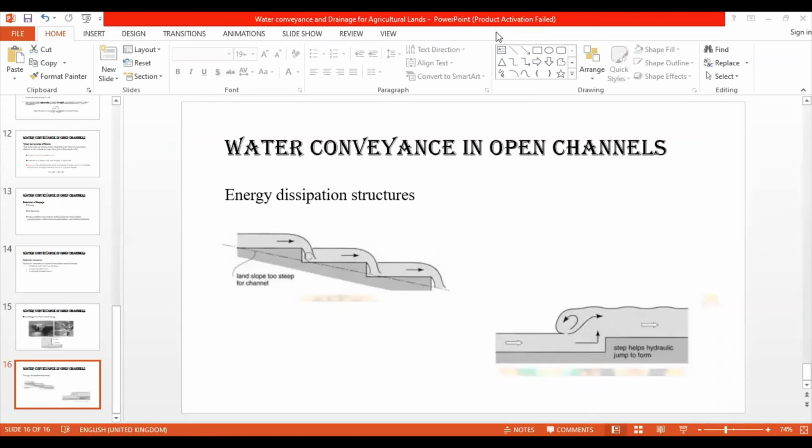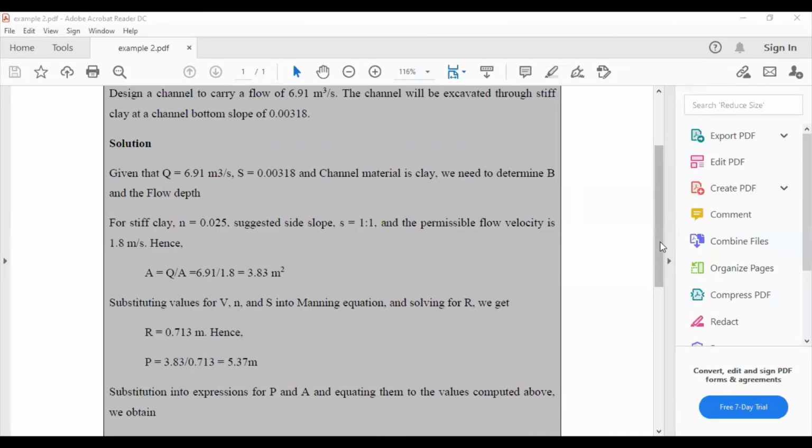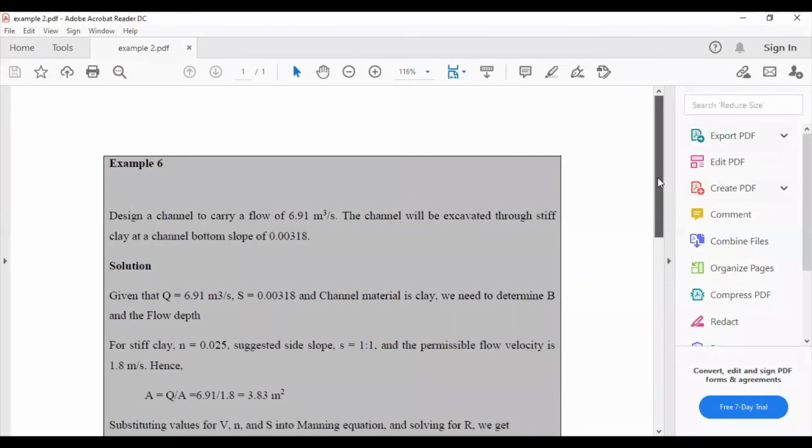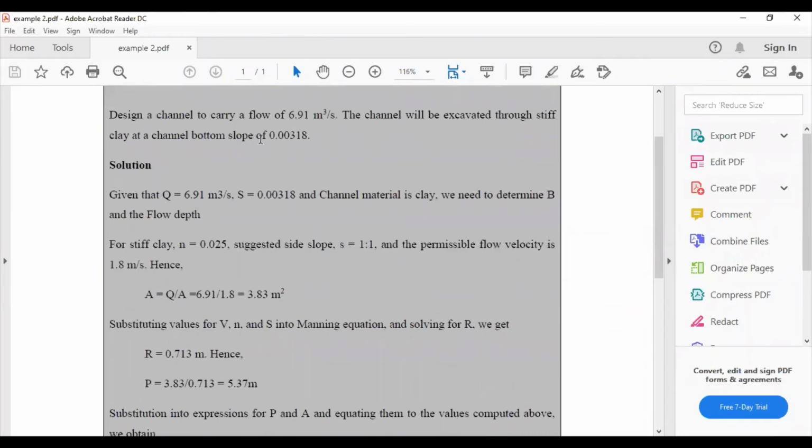So I'll stop sharing this screen and I'll share a new one, which is an example of how we can design an open channel.